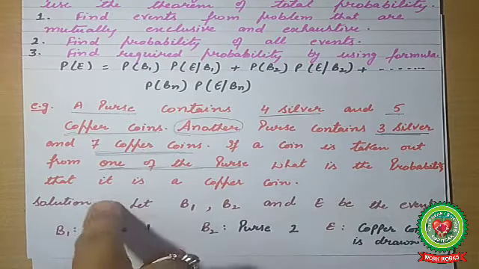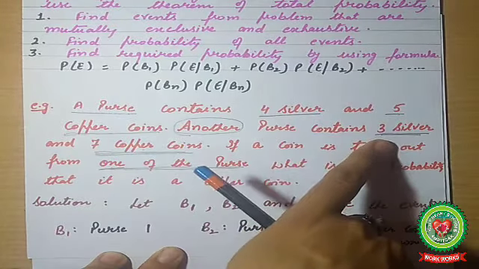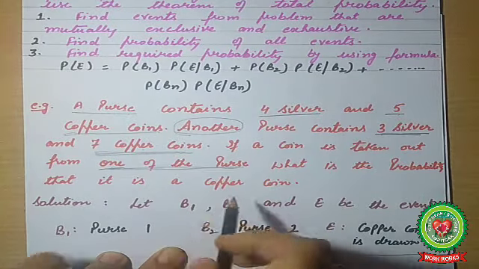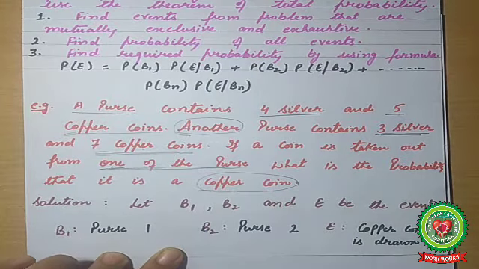What is the probability that it is a copper coin? You have two types of coin, but you have to find the probability only of the copper coin. First of all, the events are divided into parts, that is the purses here.